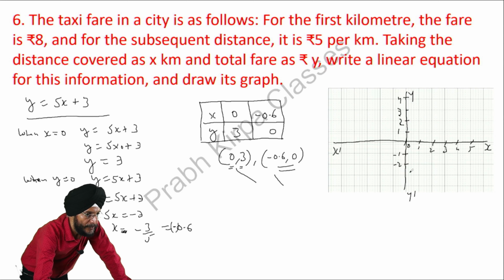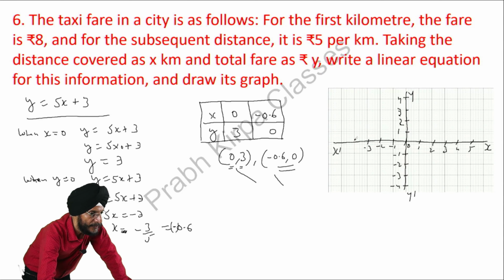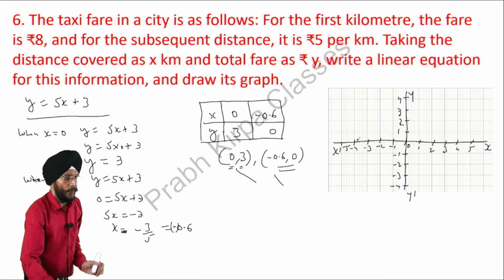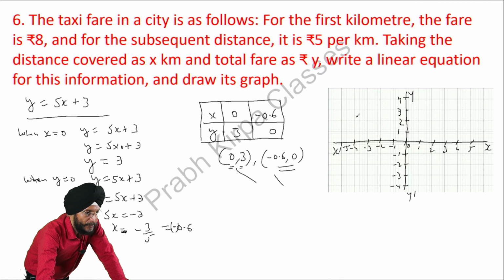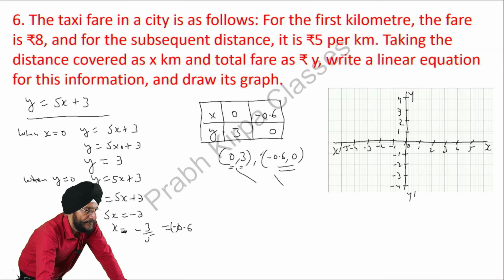Minus 1, minus 2, minus 3, minus 4, minus 5. Now what will we do? We will put in the values of x and y to find the points to be plotted. Now the first point is where the value of x is 0 and the value of y is 3. This is the first point.